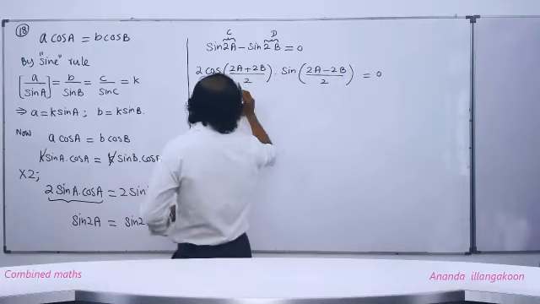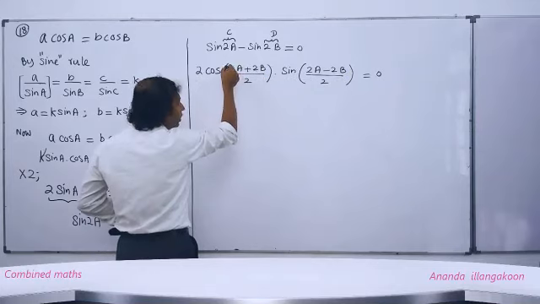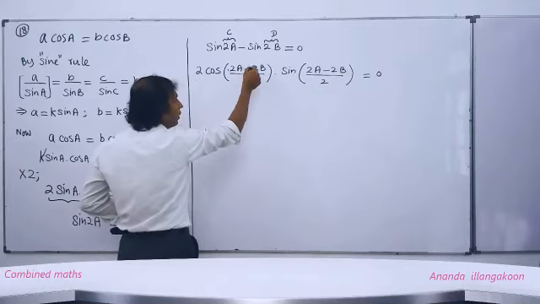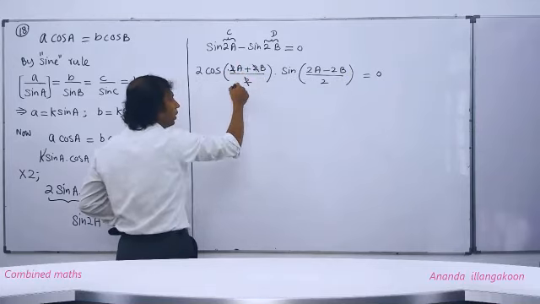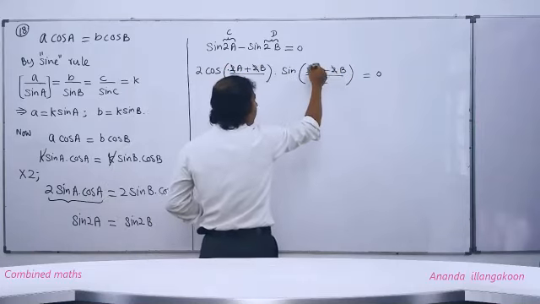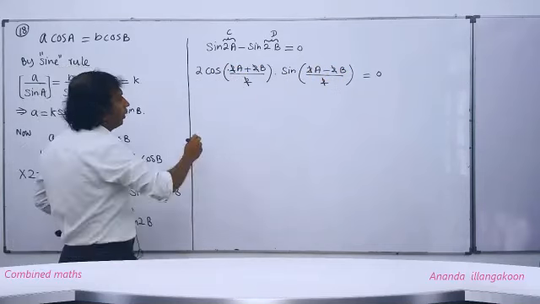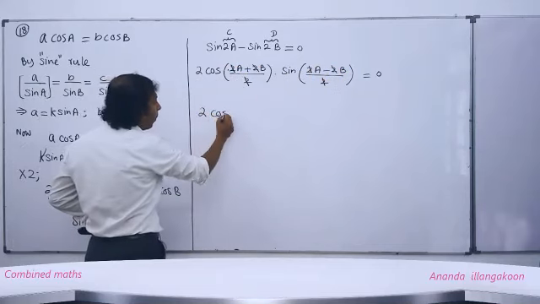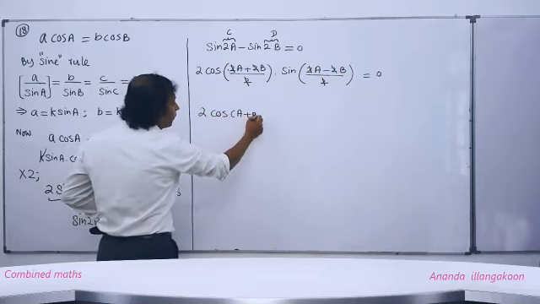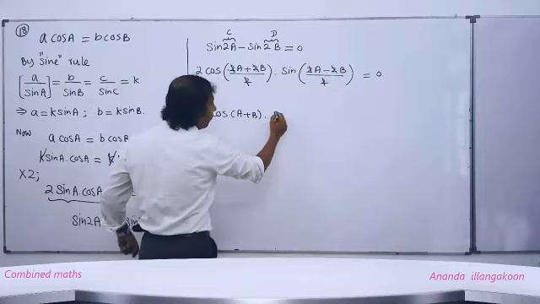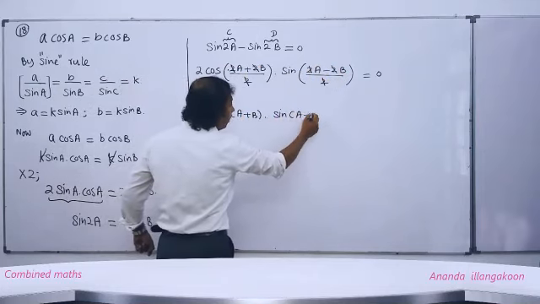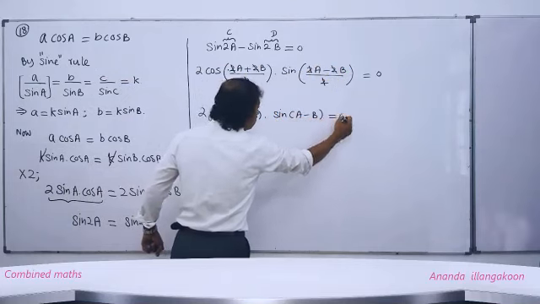The 2s can be cancelled out. Then we have 2 cos(A plus B) into sin(A minus B) equals 0.